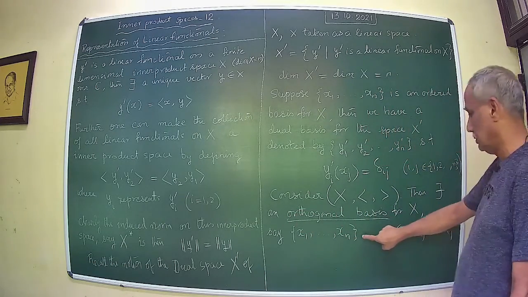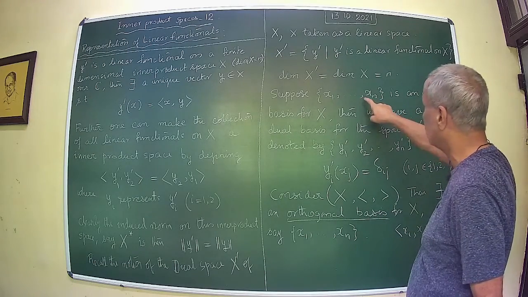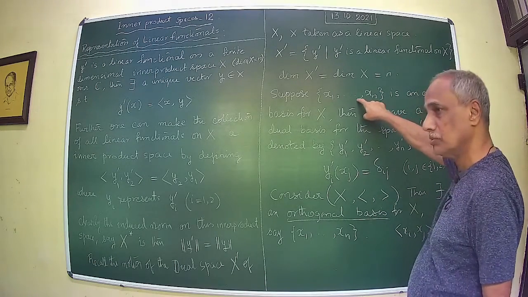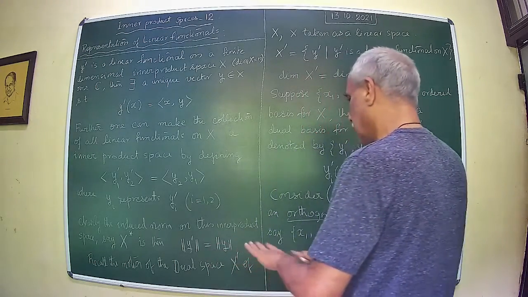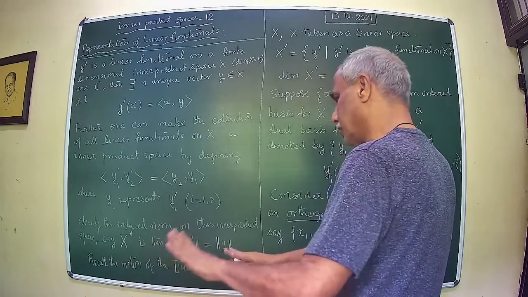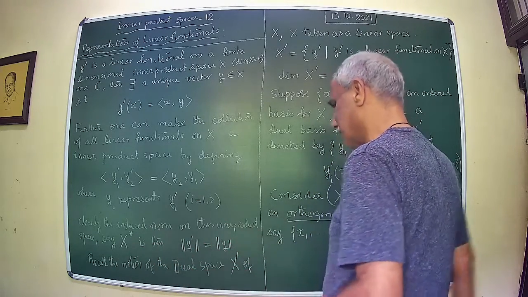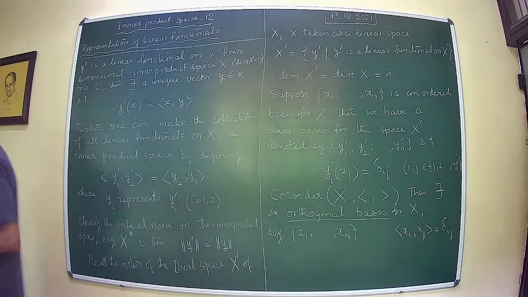But remember, we can choose this as a basis for x prime also. So you have simultaneously now an x star and an x prime. So what we are trying to find out is how they are related.